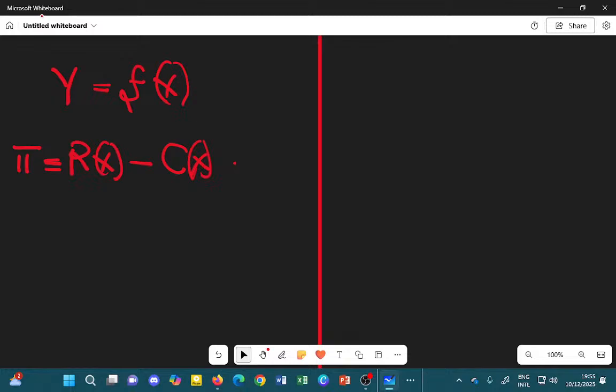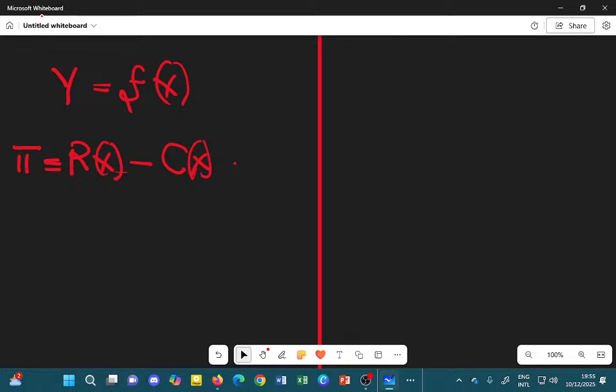So that's how we'll be defining our profit. It means that we need to define our revenue function to talk about profit. And we also need to define a cost function to talk about profit. In which case, the difference between the revenue function and the cost function is what we refer to as the profit in this case.